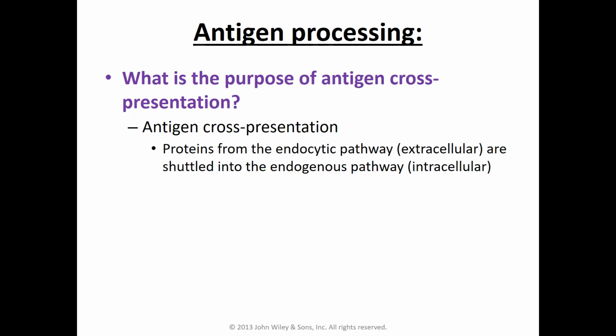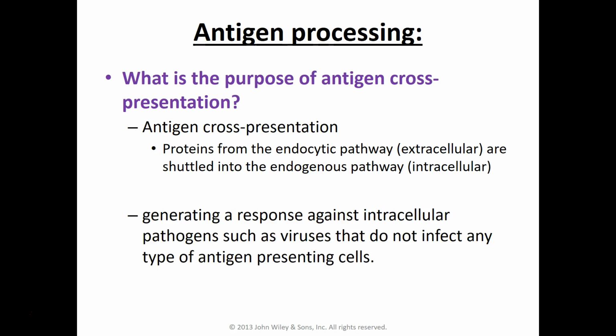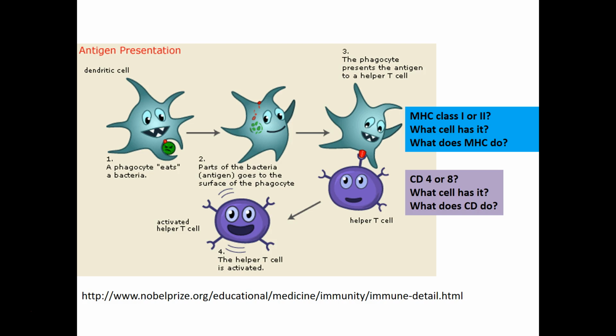What's the purpose? Proteins from one are shuttled to the other so that we can get this presentation. So we can get an intracellular pathogen such as viruses that do not infect any type of antigen presenting cell too. So it kind of covers all our bases.